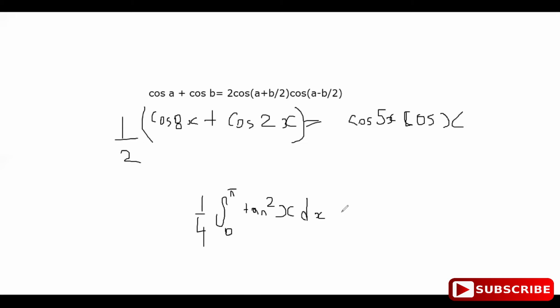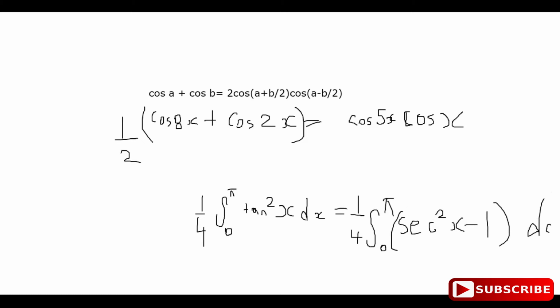The integral of tan square: tan square plus 1 is sec square, so sec square minus 1 is tan square. So we're integrating sec square x minus 1. When you integrate sec square, we get tan.